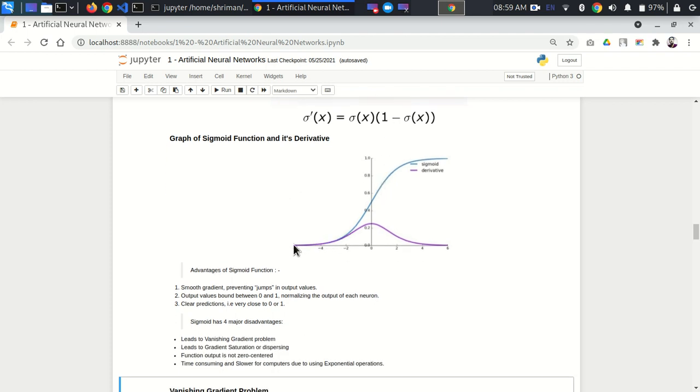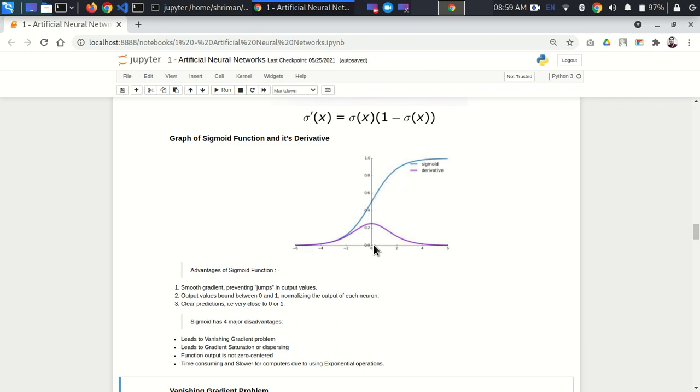And this is the graph. This blue line is the sigmoid graph, right? It crosses the y-axis at 0.5. For negative values, it gives output between 0 and 0.5, and for positive numbers, it gives output in this upper range.